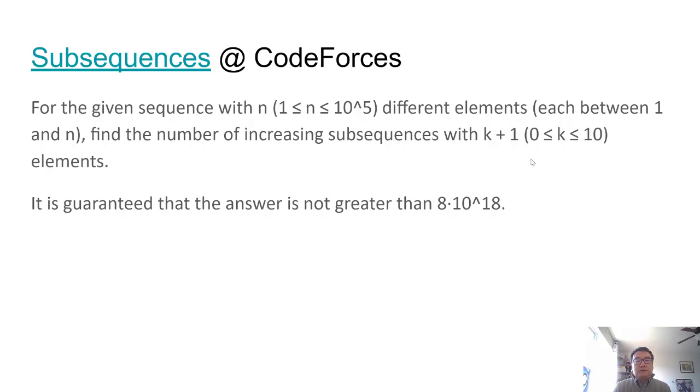Then for each element, we look at all the elements that come before it and are less than it, and we sum up all the numbers in them. Because if we have a length j increasing subsequence ending at an element before me, and that element is less than me, that gives me a new length j plus 1 increasing subsequence, and all the length j plus 1 subsequences come from that. So I need to do this sum efficiently.